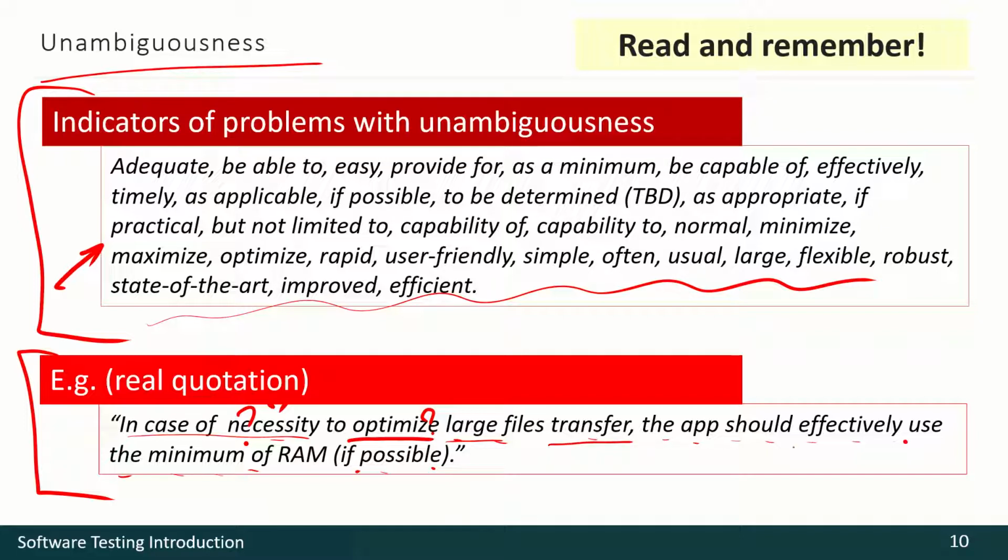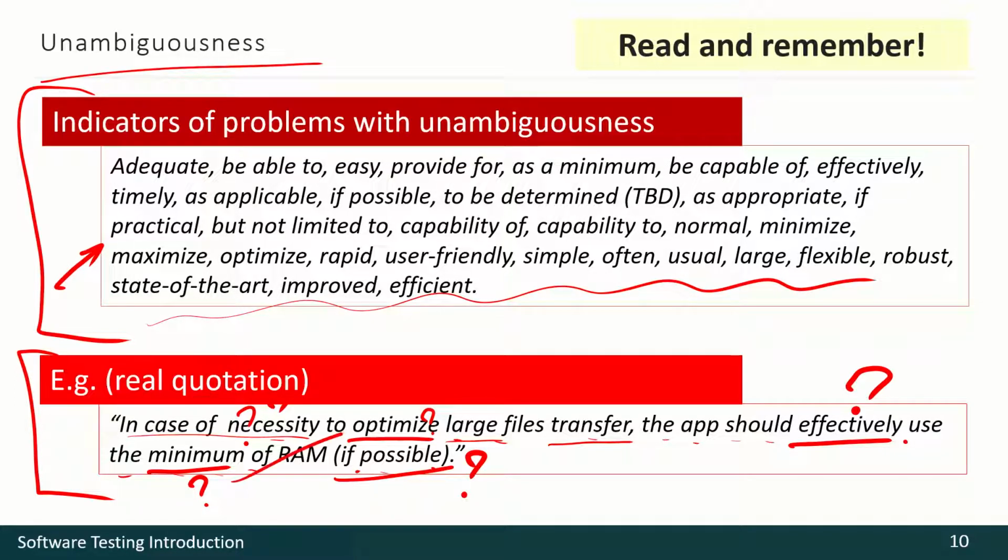Transfer: how and where do we transfer the file? Effectively: how? What's the effectiveness here? Minimum: what's the minimum? Based on what? In comparison to what? If possible: and what if not possible? So you see how many question marks there are here. A lot. And that's only one sentence.